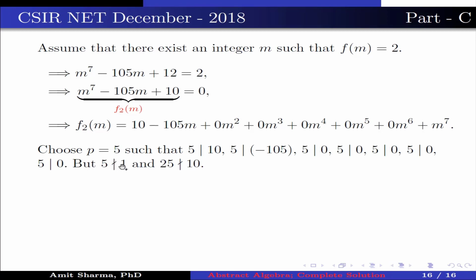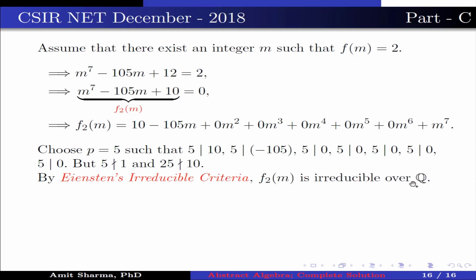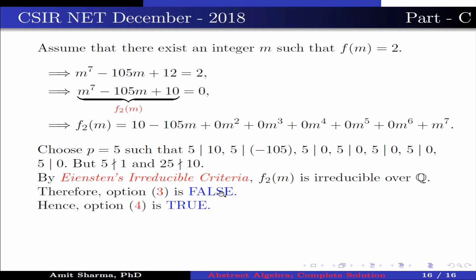But 5 does not divide 1 and 5 squared which is 25 does not divide 10. Then by Eisenstein irreducibility criterion, f2 of m is irreducible over Q. Therefore, option 3 is false. Hence, option 4 is true.